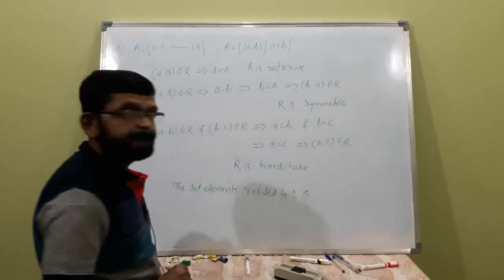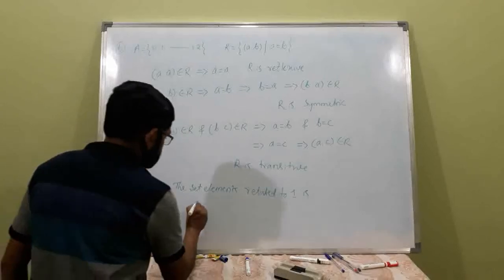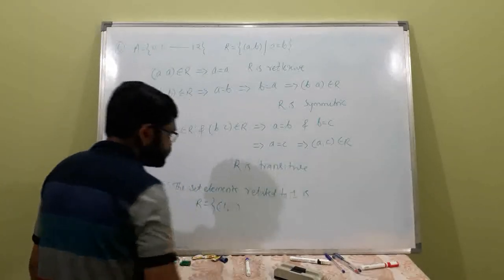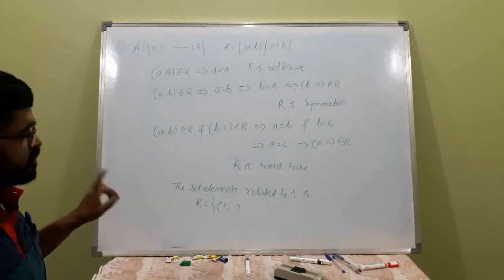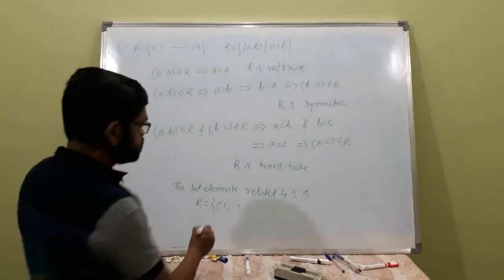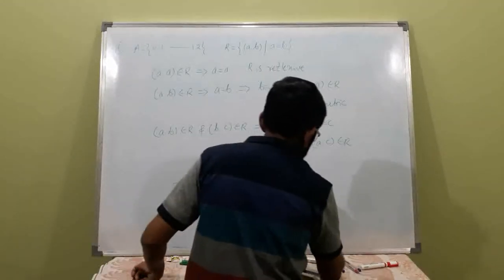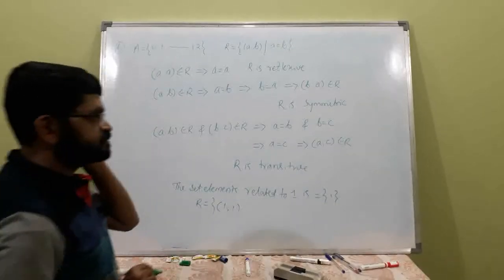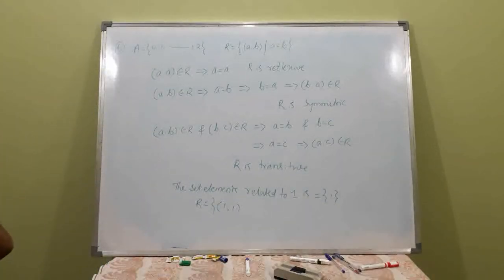Which one? For R, suppose one element is 1, the other should be 1 only, because they should be equal. So, the singleton set {1}. Take that.